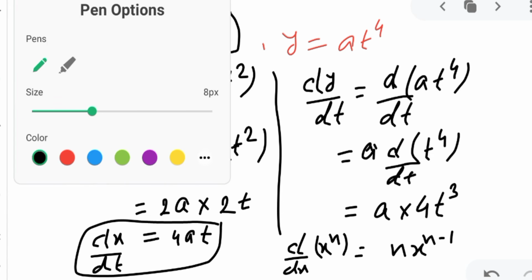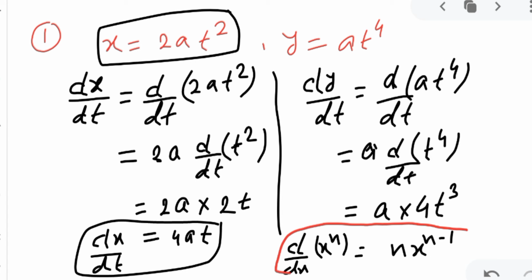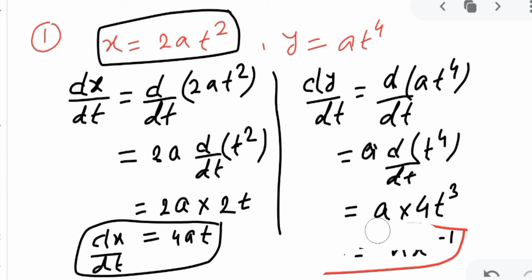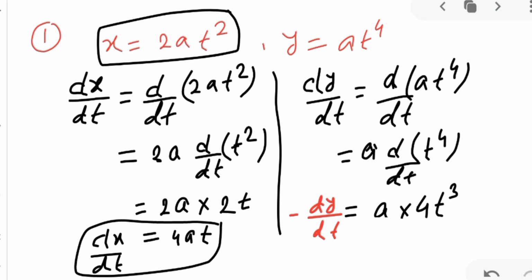I hope you remember this formula. If you want videos on these formulas, please comment in the comment box so that I will make a video on that formula. So dy upon dt I got as 4at cube.